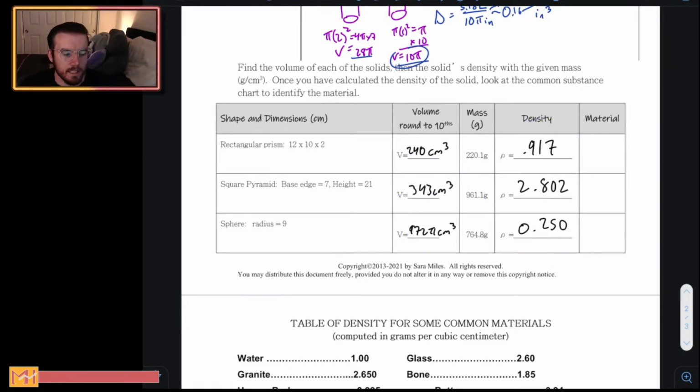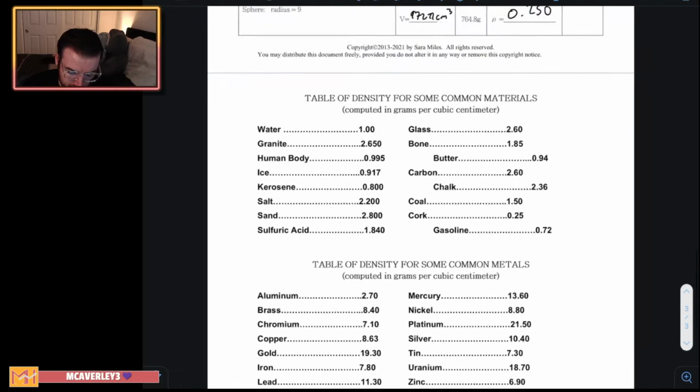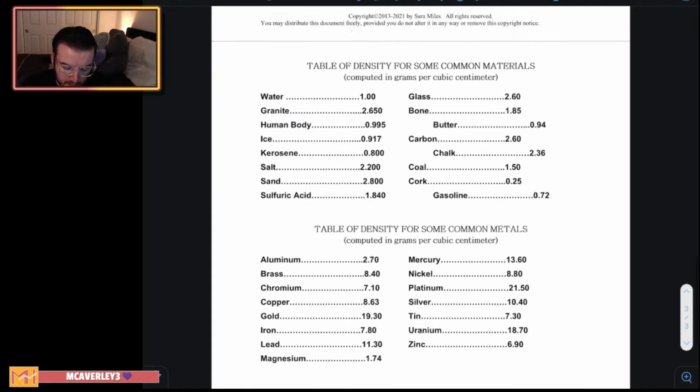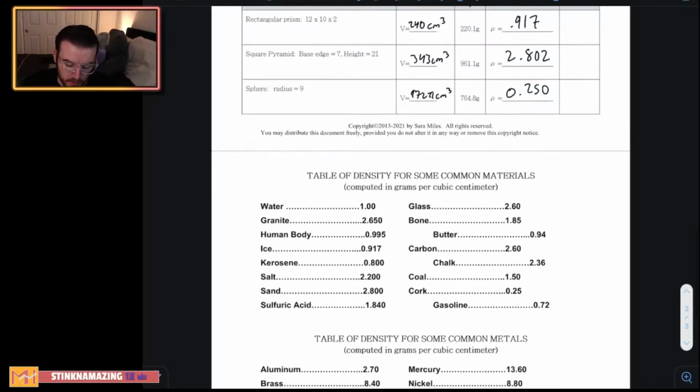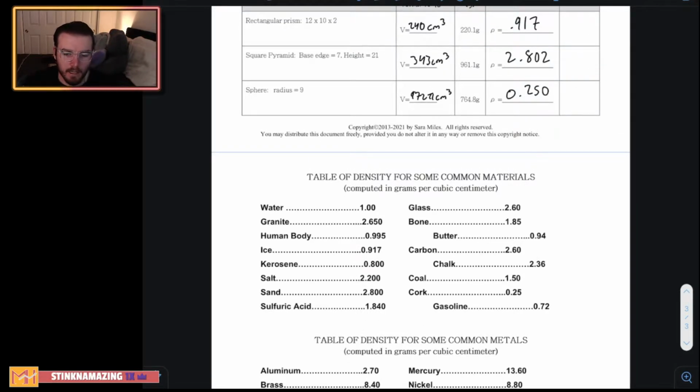Now, what's the significance of this, and what's the significance of all of this down here? Well, here's the thing. Materials, I don't mean to drone on too long here, but this is kind of cool here at the very end. Materials have a specific density that is unique to that, right?